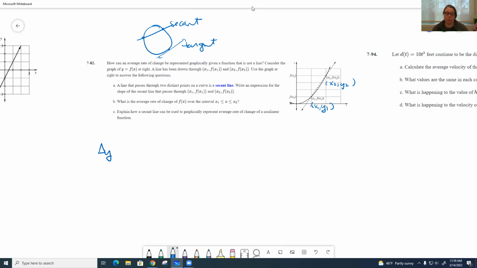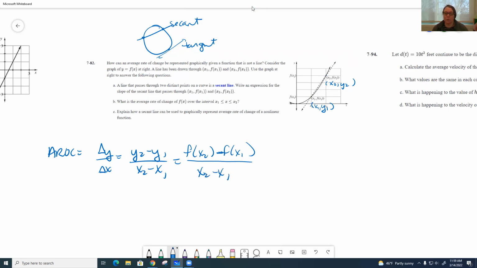So this is going back to what we were saying before about average rate of change, how this is the formula for average rate of change. Okay, now I'm just using it with function notation. So I could write f of x sub 2 minus f of x sub 1, and this is subtraction here, over x sub 2 minus x sub 1. This is the slope of the secant line.